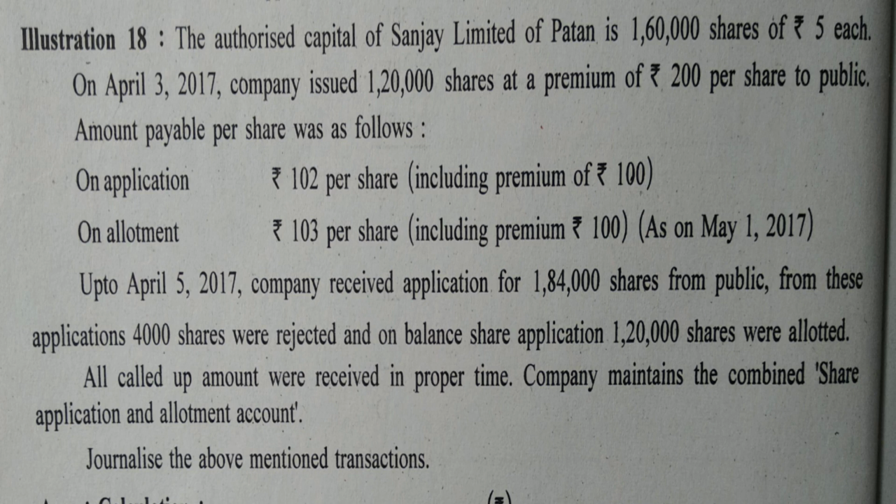At the time of application, 2 is for application and 100 is premium. On allotment, 3 is for allotment and 100 is premium. Total issue price of the share is 205: 5 rupees for the share, 200 for premium.